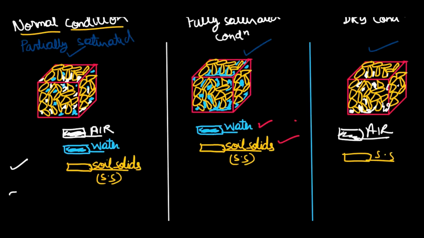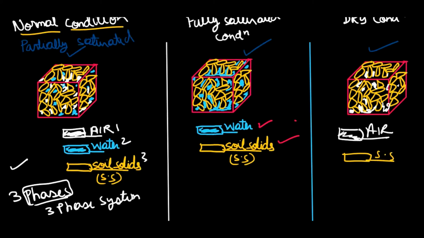Now this particular condition, which is the normal condition, the soil is existing in three phases. You can relate this term phase with the materials. Here there are three materials: one is air, second is water, and third is soil solids. So soil is existing in a three phase system. In this particular case we are having only two materials, that is water and soil solids. Air is absent because it is the fully saturated condition. So in this case the soil is existing in a two phase system.